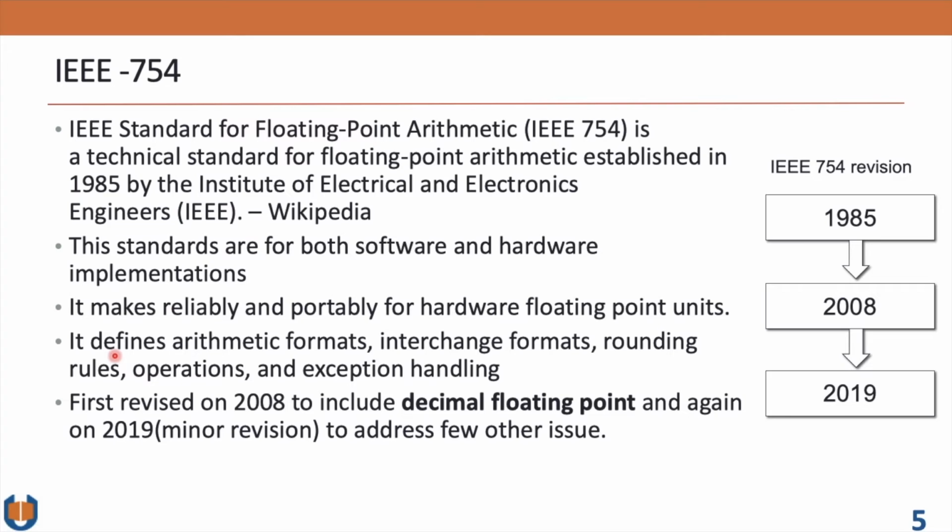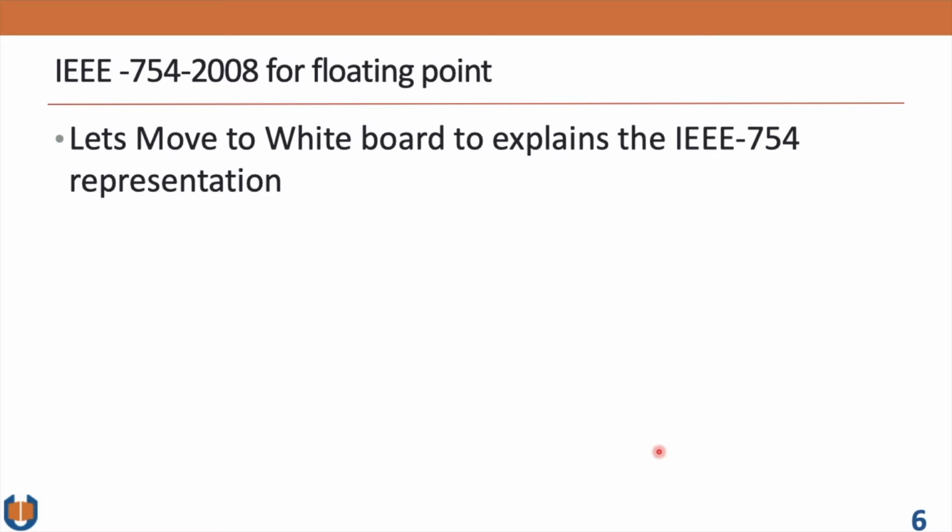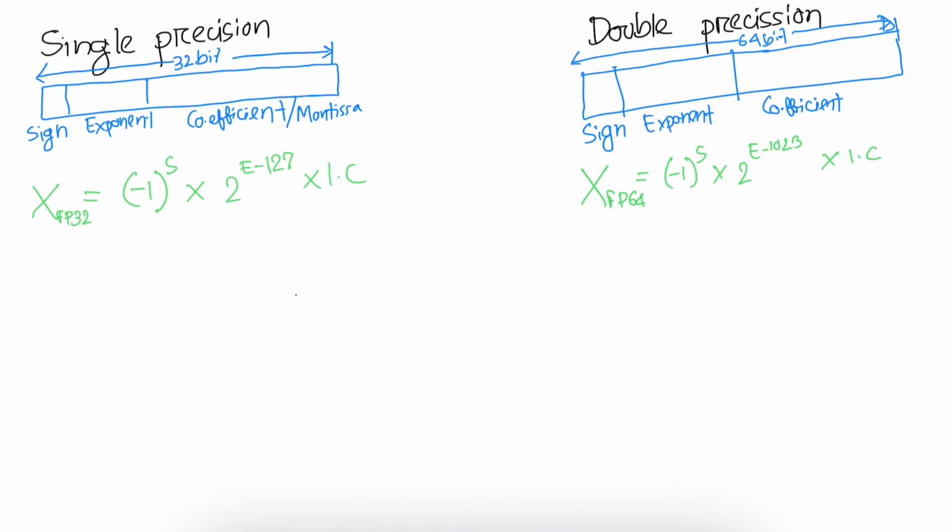The standard covers the formats, the interchange formats, the rounding rules, operations and exception handling; all the things that cause problems through different variations are identified and standardized with the format. Okay, let's go to the board and discuss in a bit more detail the binary floating point representation. Have a look at the standard.